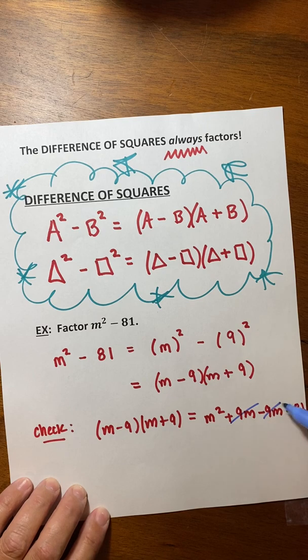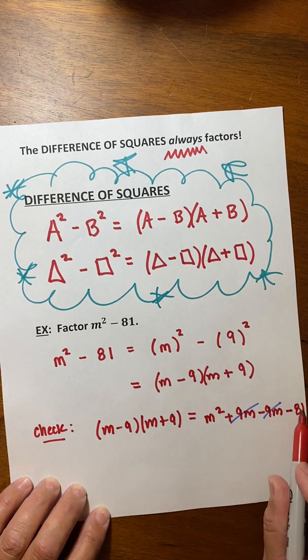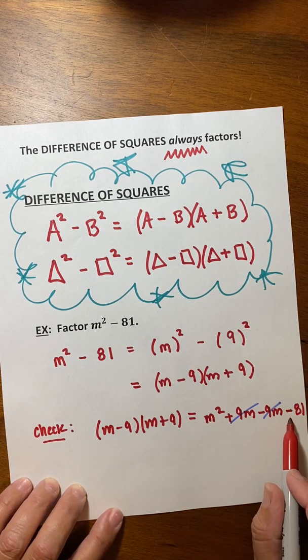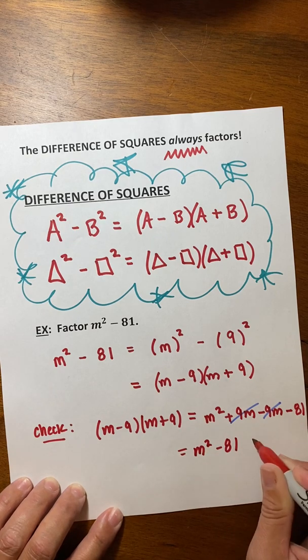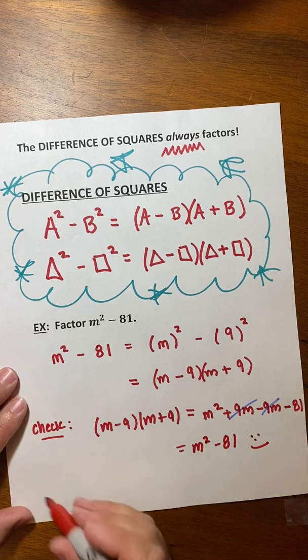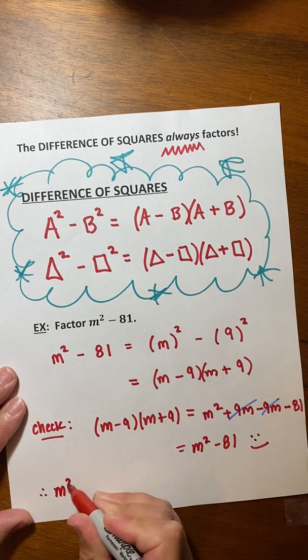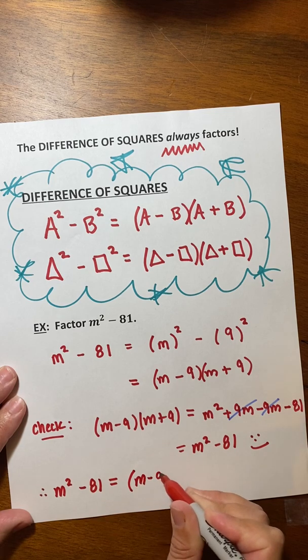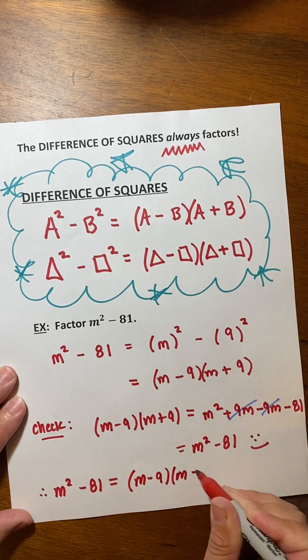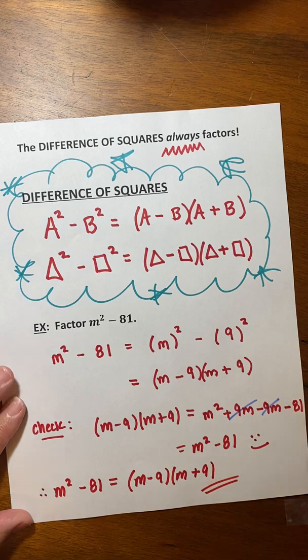The inners and the outers are going to cancel. We have the m squared, and always keep the sign to the left of the term. It's going to be m squared minus 81. Therefore, m squared minus 81 completely factored is m minus 9 times m plus 9. Final answer.